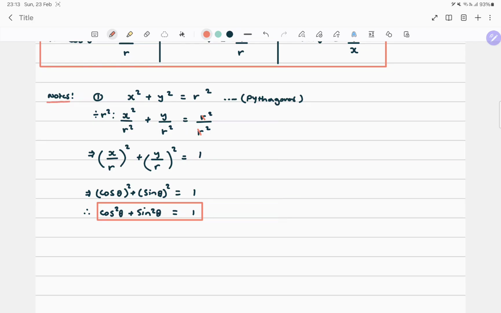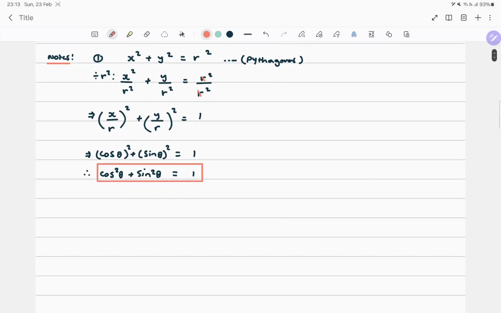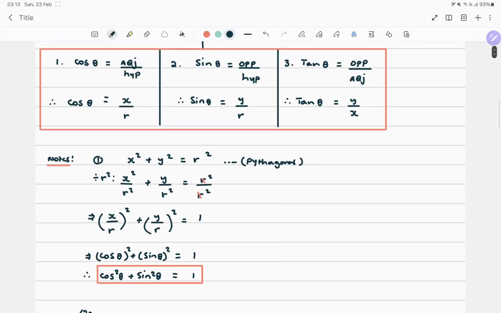So this is our first note from grade 11. Now the second note is that we can do this and say, technically, let us do something like this.